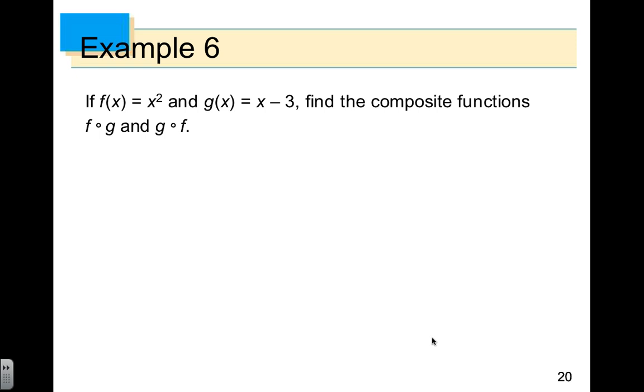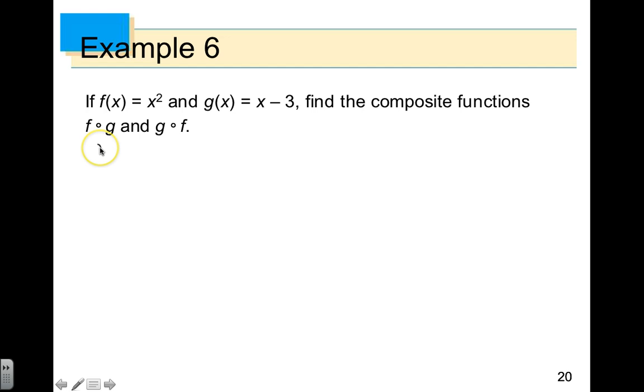So let's try an example. If f of x equals x squared and g of x is equal to x minus 3, find the composite functions f circle g of x and g circle f. Dealing with the first one, we're going to take the value of g of x, x minus 3, and pass it into f of x.